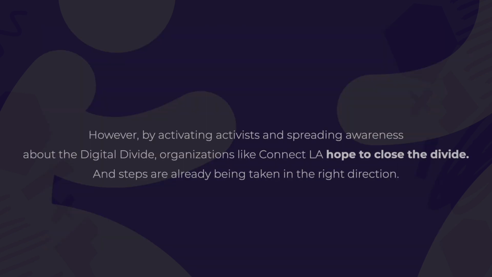However, by activating activists and spreading awareness about the digital divide, organizations like Connect Louisiana hope to close the divide, and steps are already being taken in the right direction. This is a communication game. We have to over-communicate. We have to keep talking and not only just communicating, but also showing people that we're making incremental progress to solving this issue.